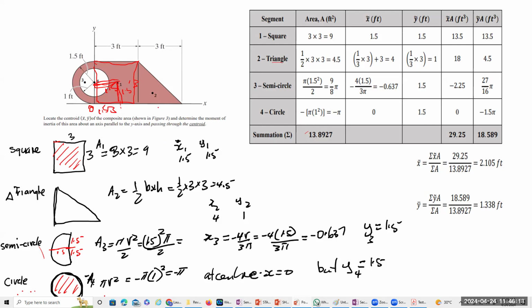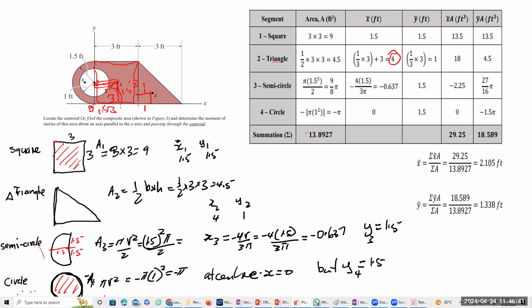All right, for the triangle, how many of you remember that it is 1/3 the base and 1/3 the height? So 1, 1, 1. But then the distance from this one here down to the origin is going to be 4, because it's 3 plus 1, which gives you 4, which is this value here.